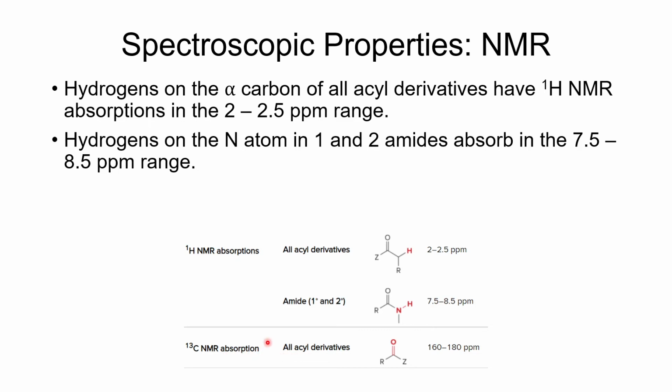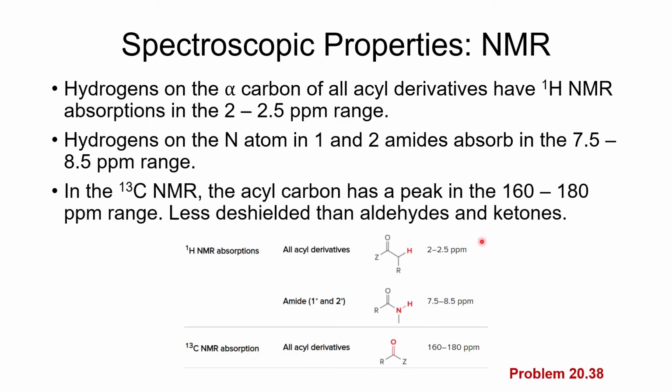For our carbon-13, we're going to find that all of these acid derivatives fall in the 160 to 180 parts per million range. So they're pretty significantly deshielded, which makes them fairly far downfield. They're not quite as deshielded as aldehydes and ketones. Most of your aldehydes and ketones are going to fall in the 190, even up over 200, sometimes 210, 215, whereas esters, amides, all these acid derivatives are going to be more in that 160 to 180 range.